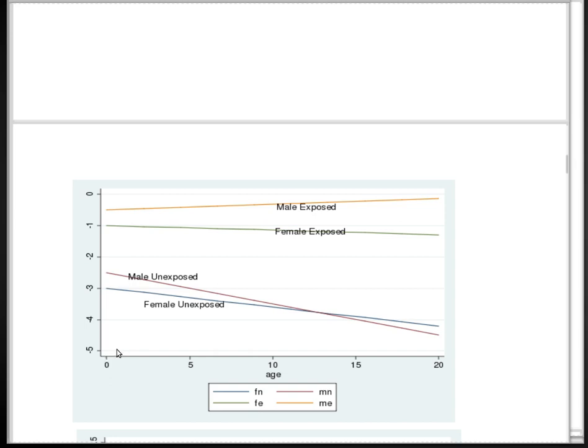Let's take a look. For the men, it's going to be about minus 0.5 minus 2.5. So that's about 2. Okay. For the women, we're going to get minus 1 minus 3.